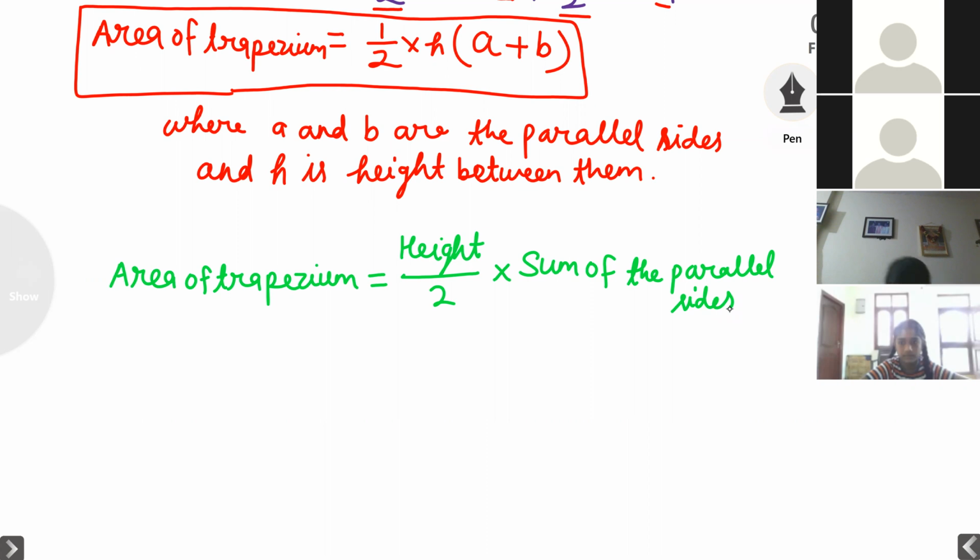Area of trapezium equals height by 2 into sum of parallel sides. Keep it in a box.